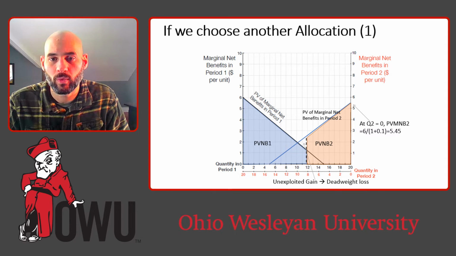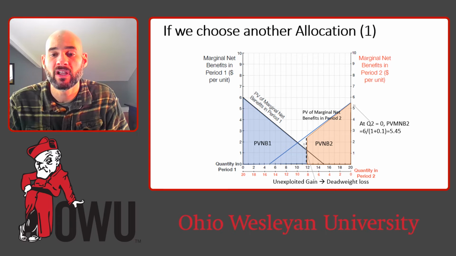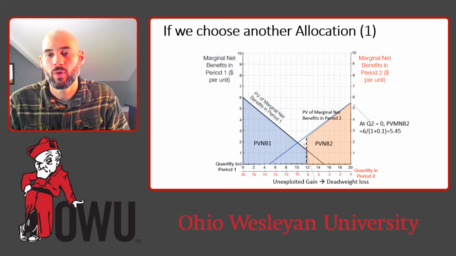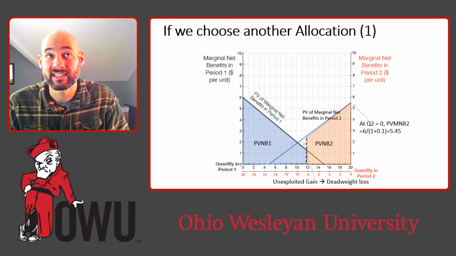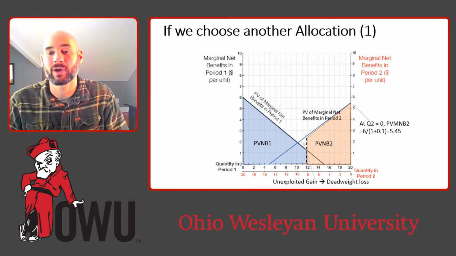So what if we choose another allocation? So for example, if we consume 12 in period 1 and only 8 in period 2. Well, looking at the present value of the marginal net benefit curves, we can see that we have greater area under the present value of the marginal net benefit for period 1, but we have less of an area under the present value of the marginal net benefit in period 2.